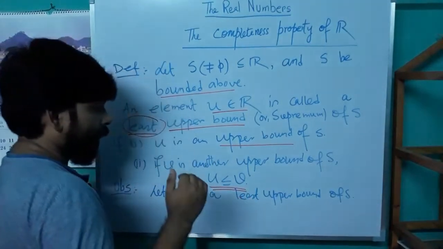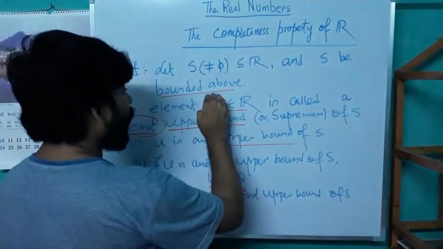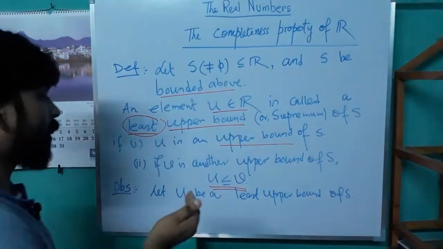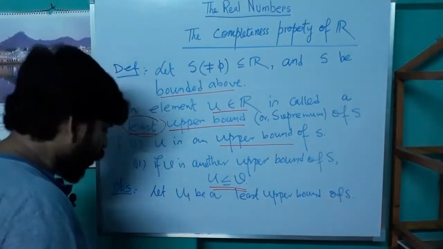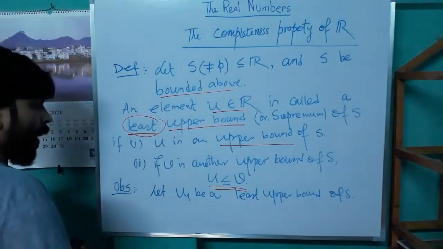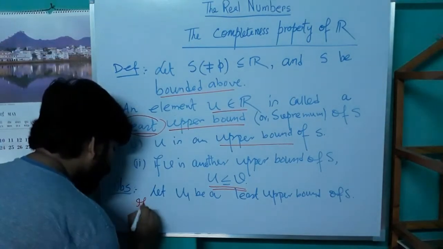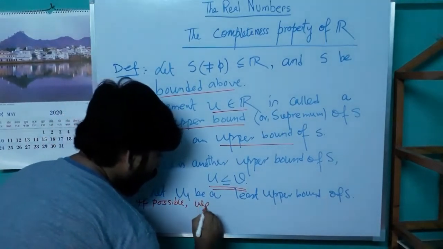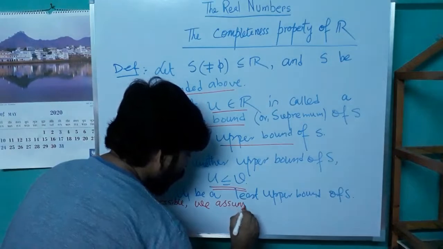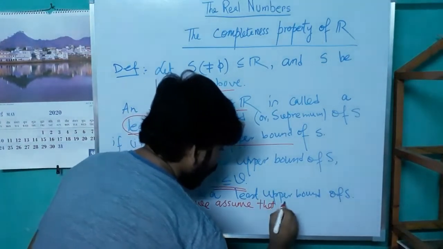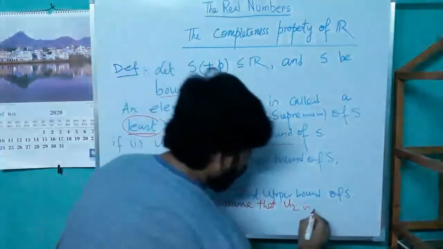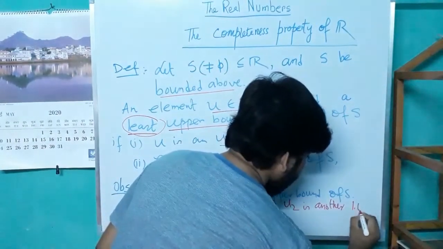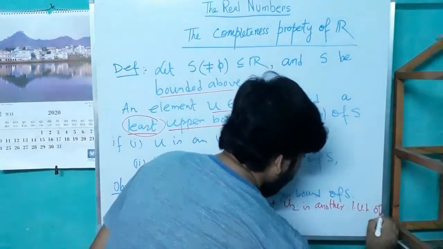That means if a set is bounded above, then whether the set has more than one least upper bound or not. So if possible, we assume that u2 is another least upper bound of S.